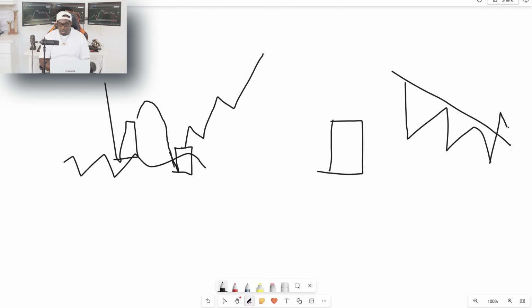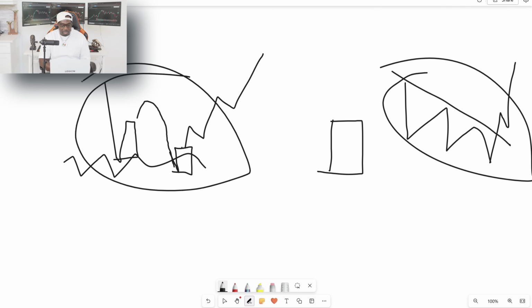You can start with these three, and usually these three do well at these levels. If you want more confirmation, you wait for a trend line break or maybe a double test.